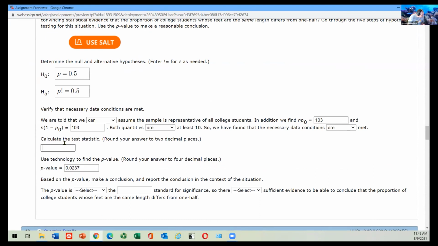Now, they've got this fella here called the test statistic. Pretty sure I know who the test statistic is, but I believe it's their name for the Z-score. So something went wonky here, if you can bear with me. Oh, let me show you. There we go.